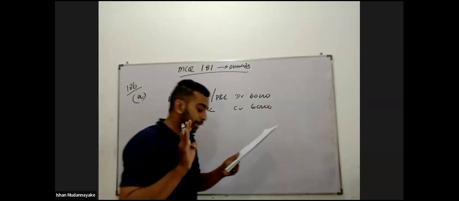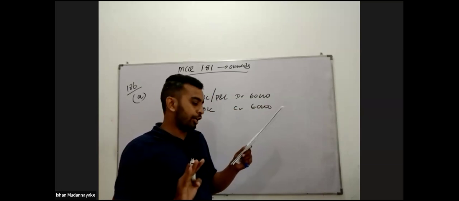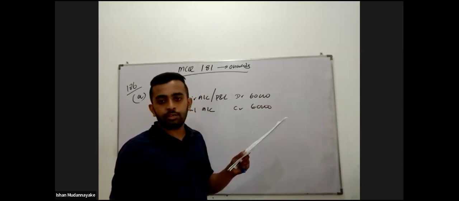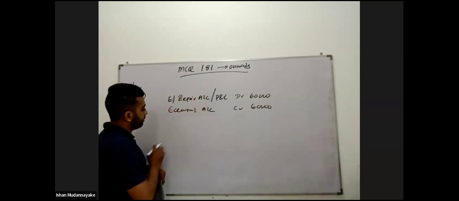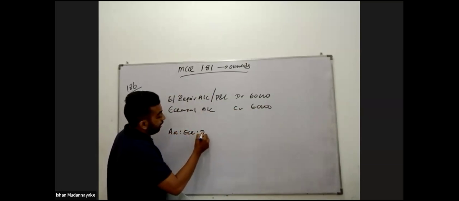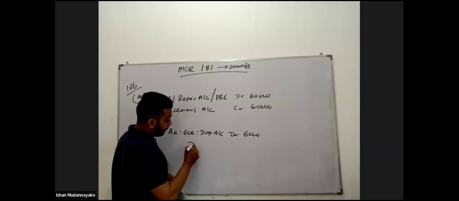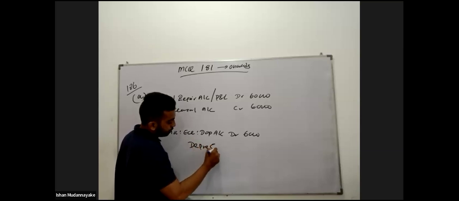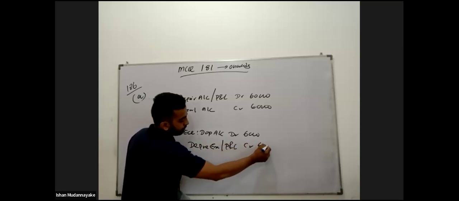And not only that, they have provided depreciation for this one. Depreciation 60,000 into 10%. How much? 6,000. Then the correction entry for the 6,000 is what? Accumulated equipment depreciation account debit 6,000, and then depreciation expense account or profit and loss credit 6,000.